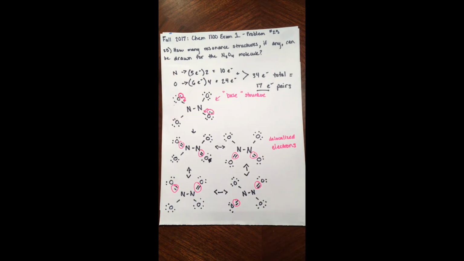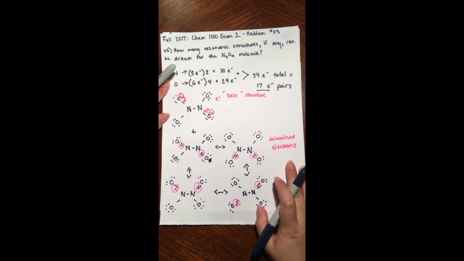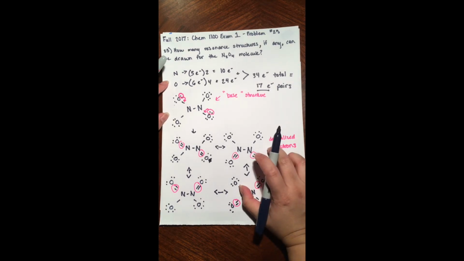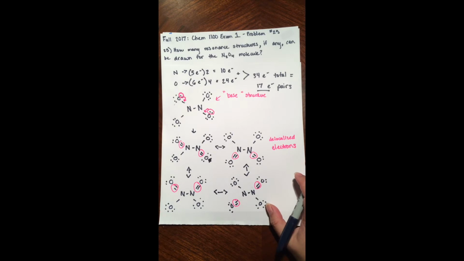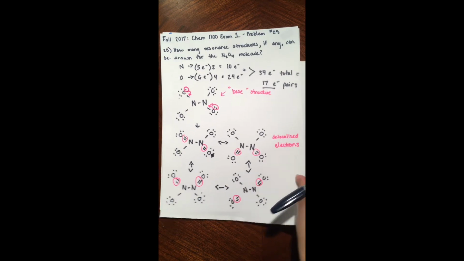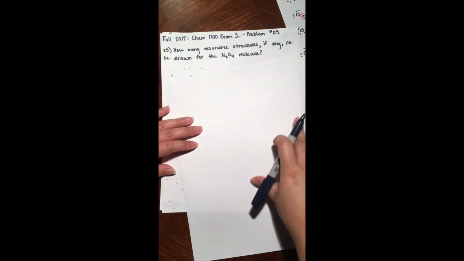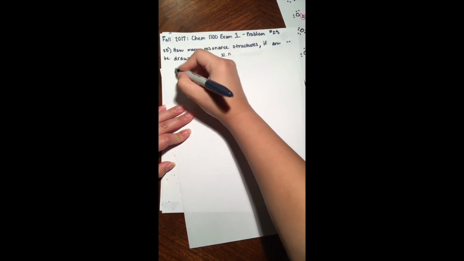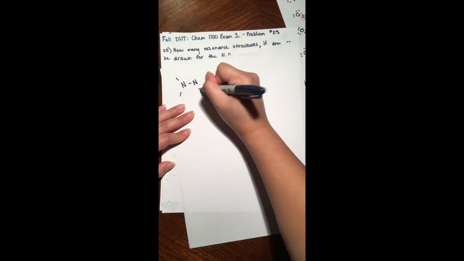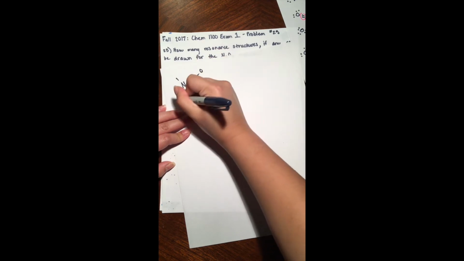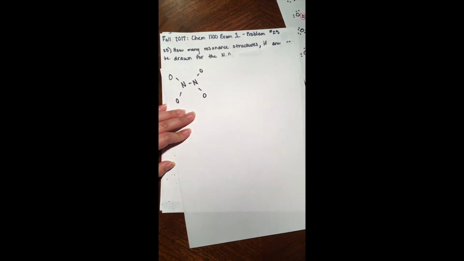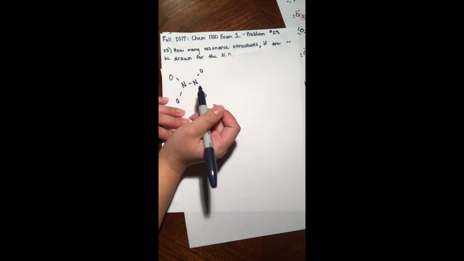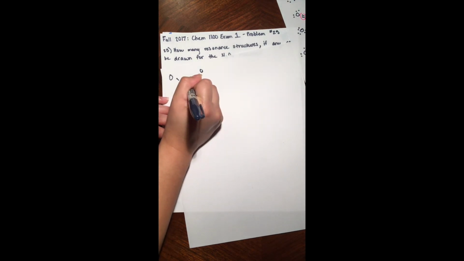Now sometimes you can ask yourself, what if I try to make a double bond between these two nitrogens? Well, that wouldn't really work out. Say I have two nitrogens and then my oxygens. What if I put the double bond between the two nitrogens?